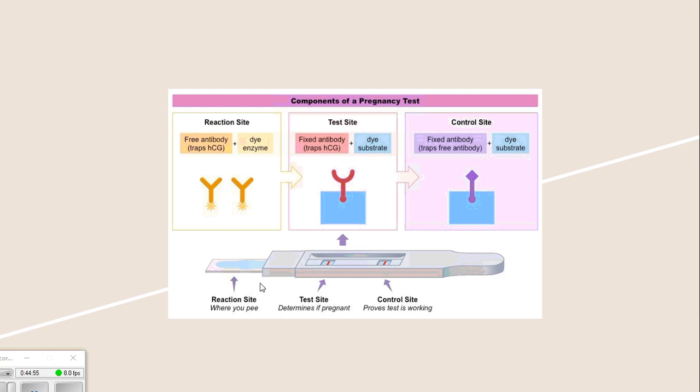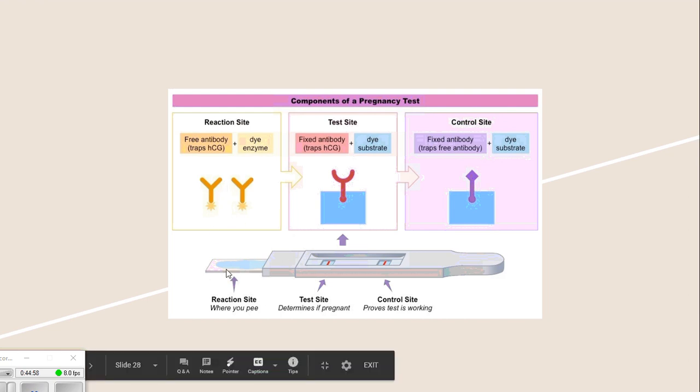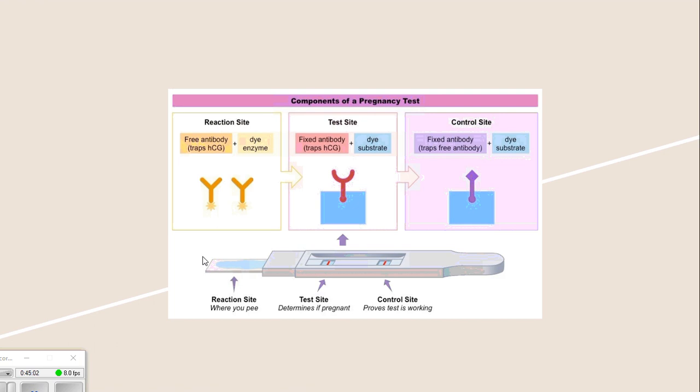On the reaction site, on this pad, are free antibodies that are specific to the HCG. These antibodies contain a dye and an enzyme attached to them. If the HCG is present, it'll bind to this antibody. That free antibody will wick up into the test site.